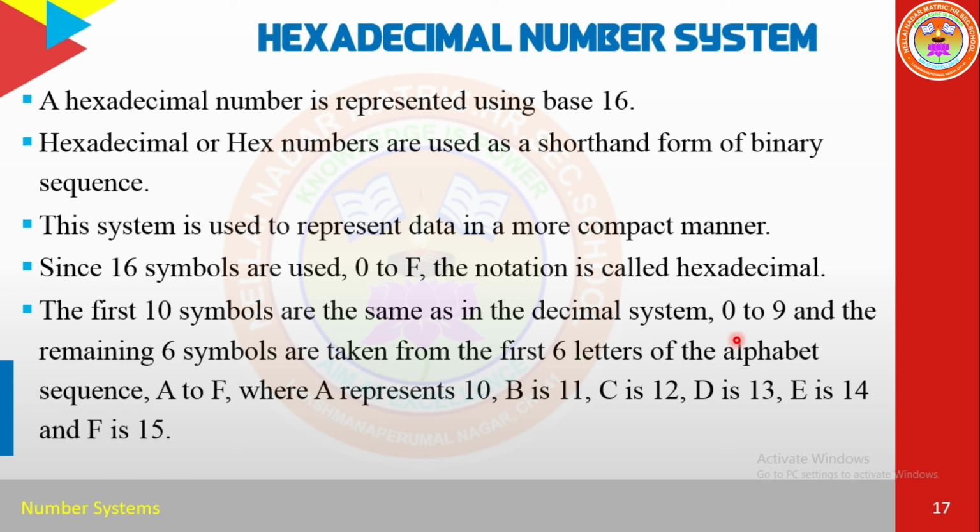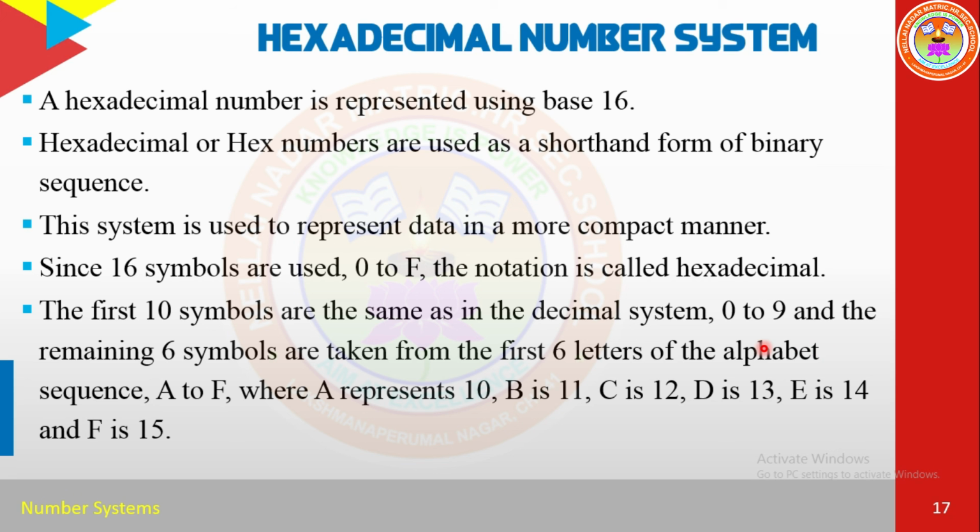So from 0 to F, totally how many values? 16 symbols or 16 values. That's why we mention 0 to F. Did you understand well? So 0 to 9, the total 10 values, are the same as decimal.